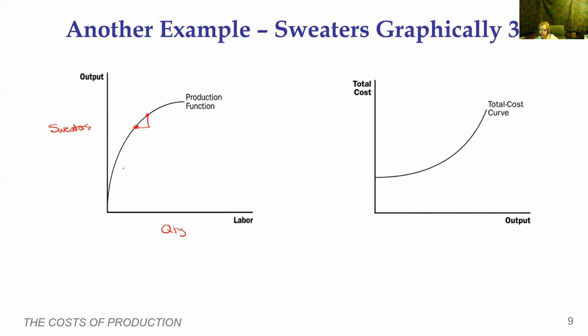So notice that this production function, here it is convex, here it is concave, and as we look at our total cost, and again, that would be our cost of labor, and our output over here, they're kind of mirror images of each other. Remember, our total cost curve is related to our supply curve. So that's why we look at this.